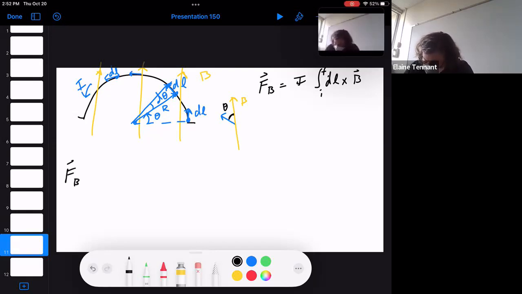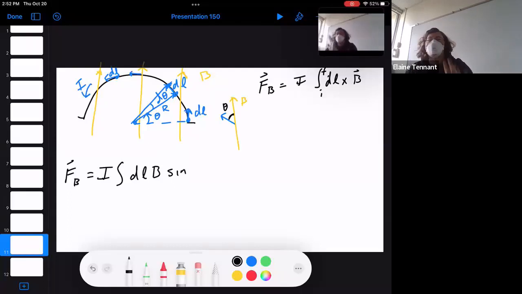I'm going to let that slide for a bit. I have dl cross B, so I have a dl and a B. I need the sine of the angle between them, which we have firmly decided is theta, where this is 0 degrees and this is 180 degrees. What direction is dl cross B going to be in?